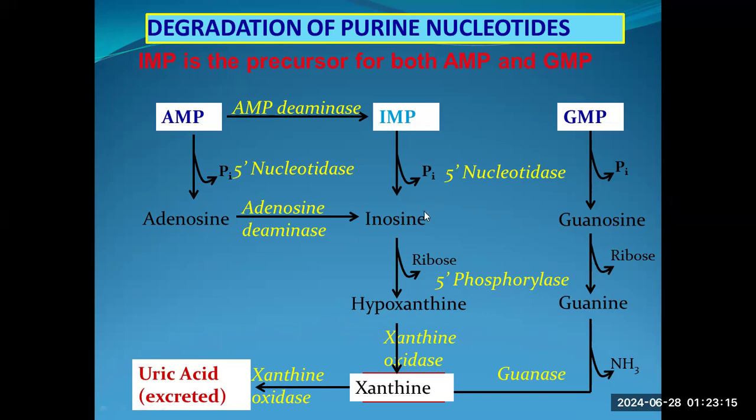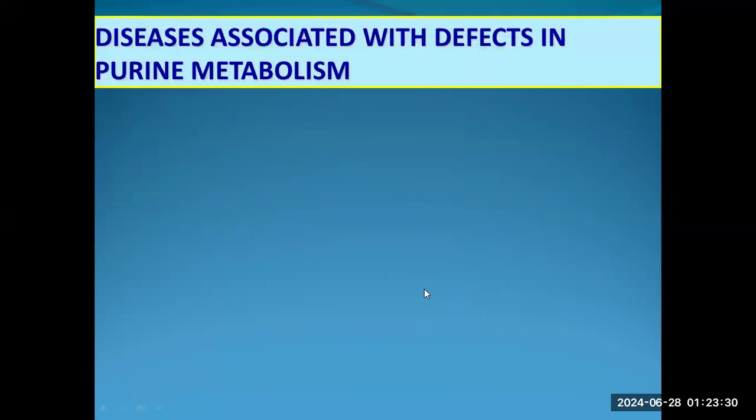Right here, you can see inosine and guanosine. By the phosphorylase, the ribose sugar is removed, converting guanosine into the guanine base, and inosine into hypoxanthine.